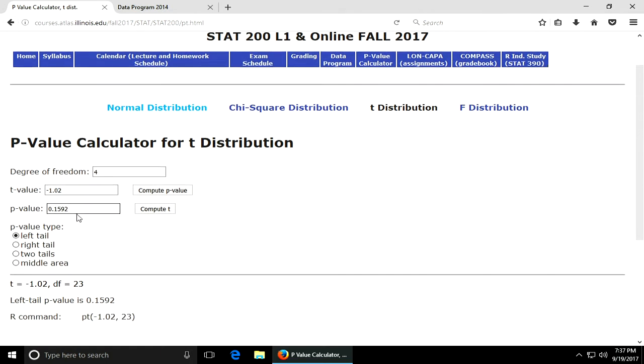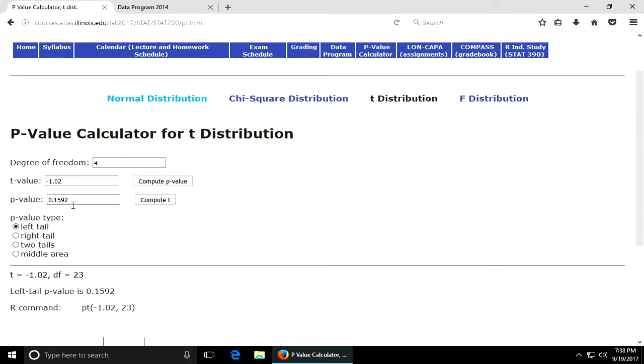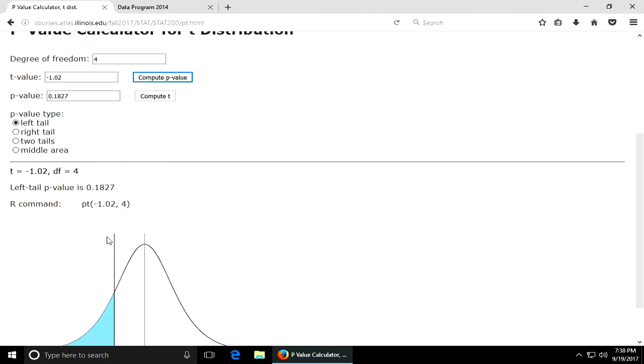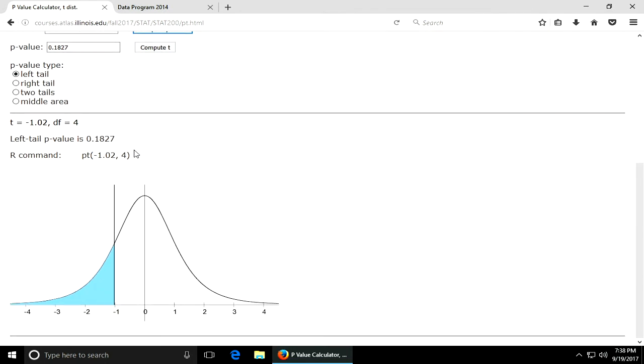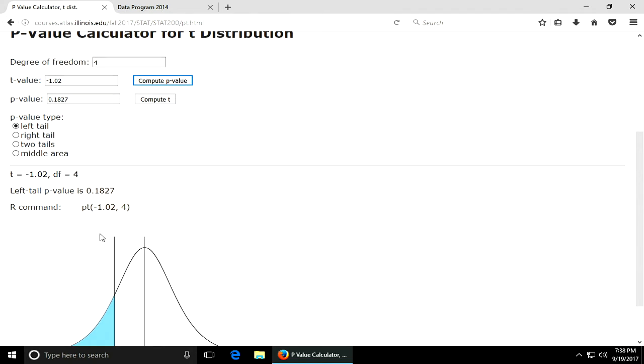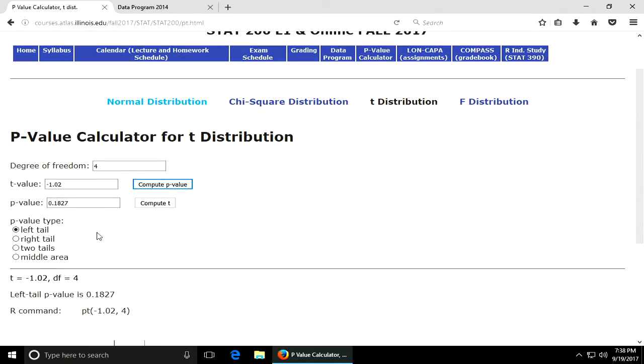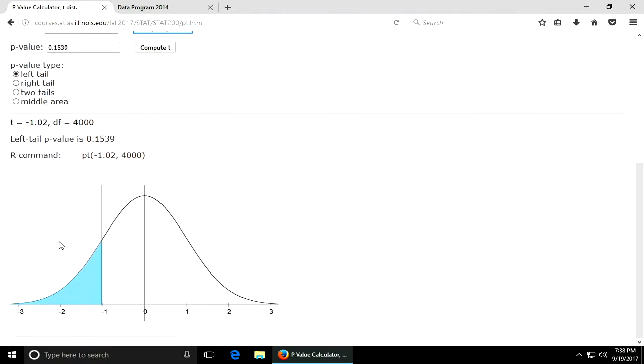Remember, the z-curve doesn't change with different sample sizes, but this one does. Now compute the p-value and see how it's 18.27. That's much bigger in the tail. And then, of course, if we make it a huge number of degrees of freedom, we get the same thing, 15.39. In the limit, the t and z curves are the same.